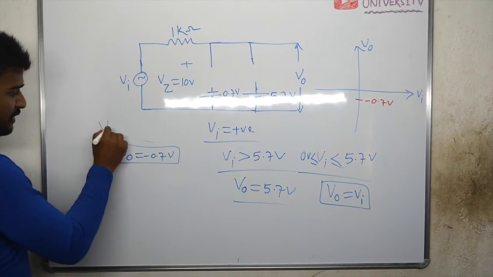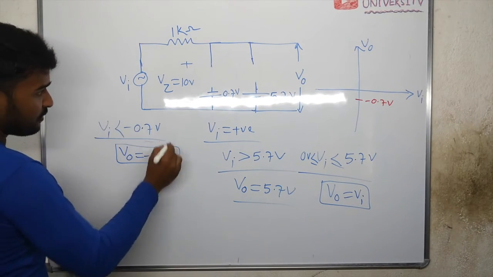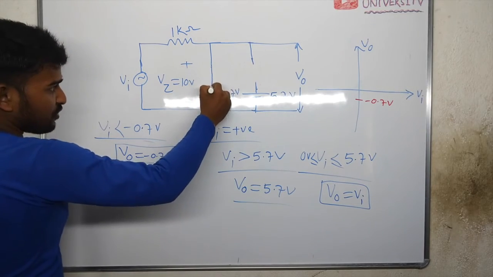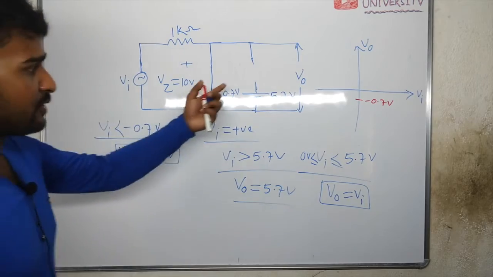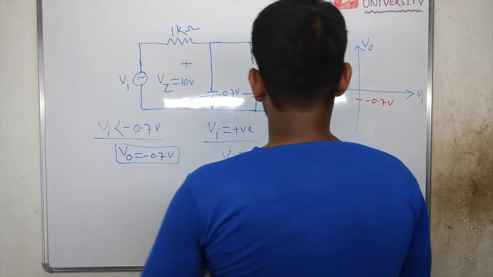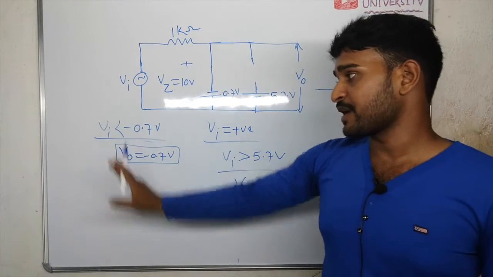If your input voltage VA is less than minus 0.7 volt, then the Zener diode will be forward biased and replaced with a short circuit. What about the normal diode? The normal diode will be reverse biased, so it will be replaced with an open circuit. Then the output voltage is minus 0.7 volt. So this is the output voltage when input voltage is less than minus 0.7 volt.